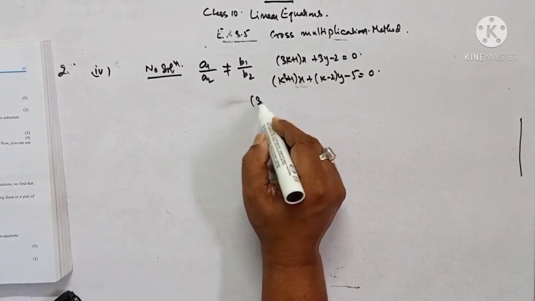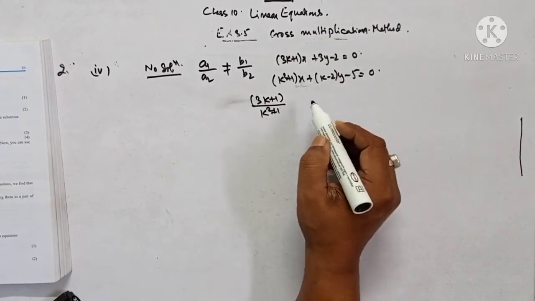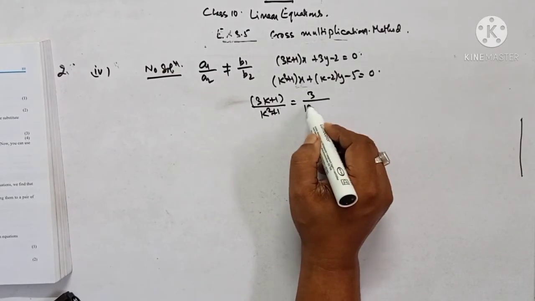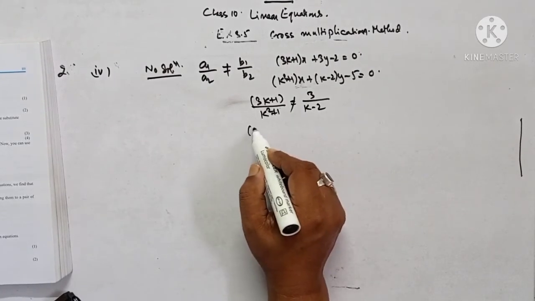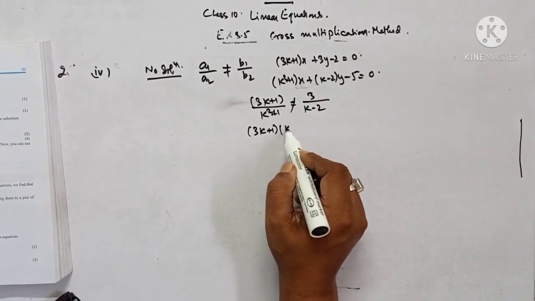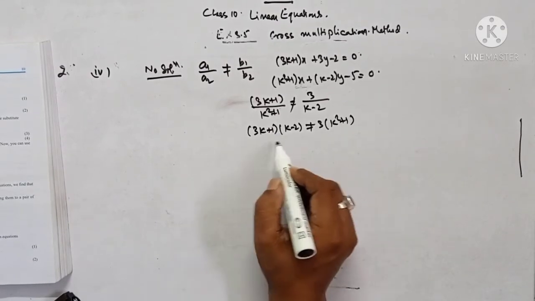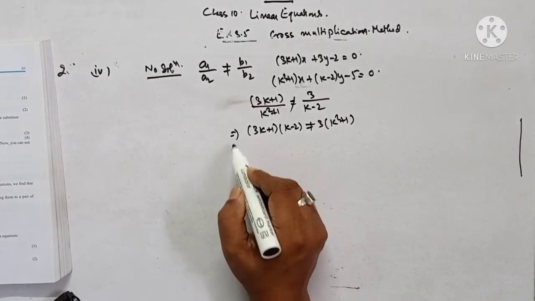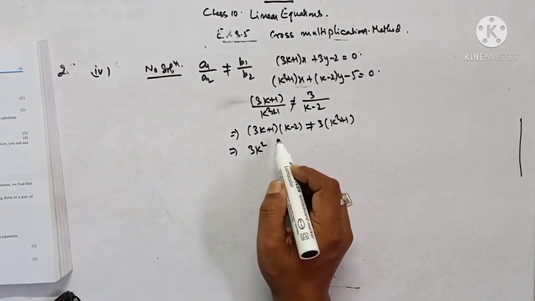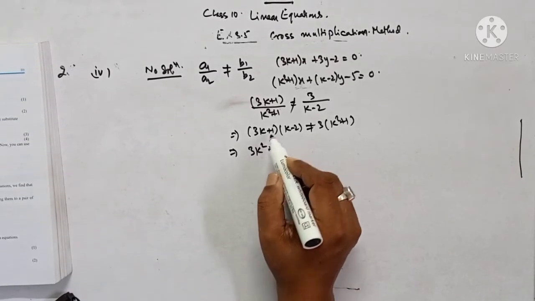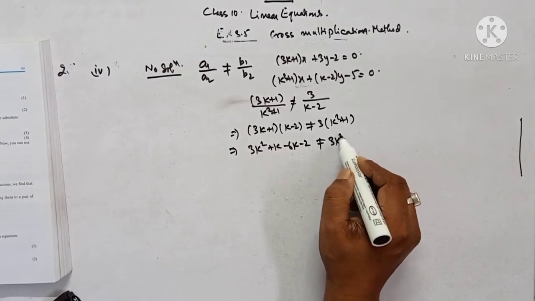So (3k+1)/(k²+1) is not equal to 3/(k-2). So (3k+1)(k-2) is not equal to 3(k²+1). When we multiply this, it will be 3k² + k - 6k - 2 not equal to 3k² + 3.